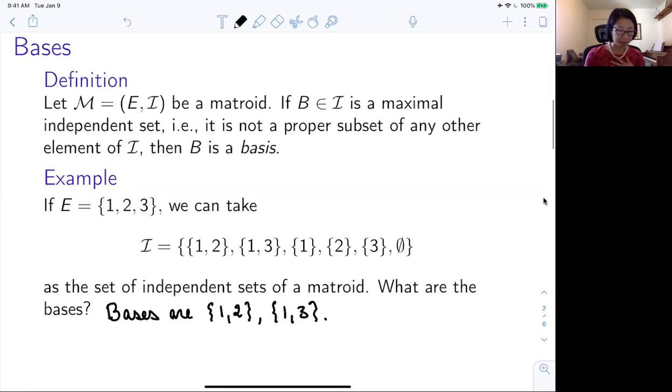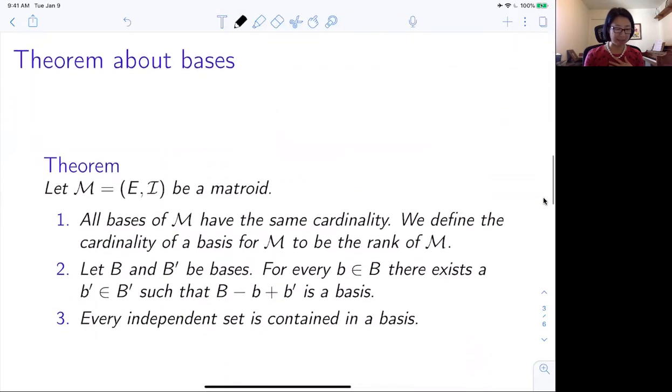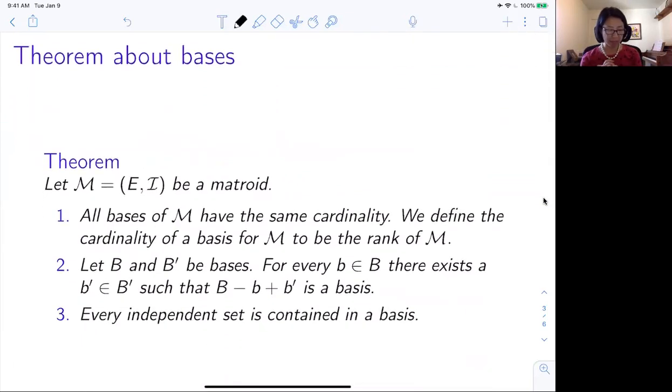Okay, so the major theorem about bases is the following. Here are the important facts to know. If I have a matroid, all of the bases have to have the same cardinality. That's important. And we define the cardinality of a basis for M to be the rank of a matroid, just like the rank of a matrix. What else? If I have two bases, B and B prime, and I take an element little b in capital B, then I can take that element out and find an element of B prime that I can put in.